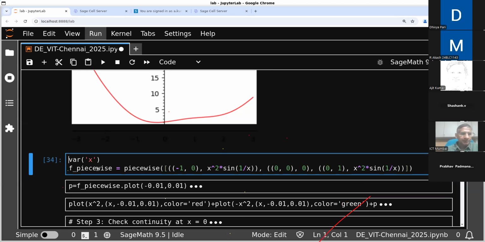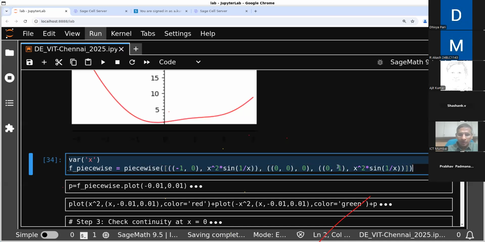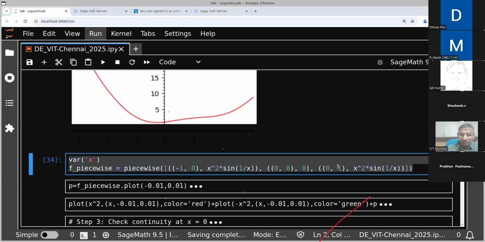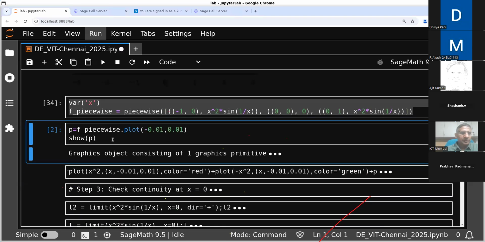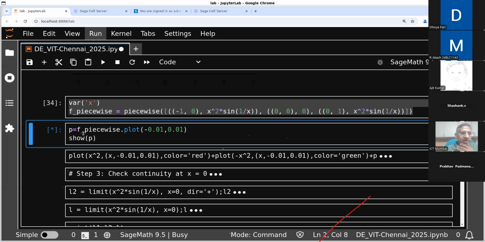So let us define this function. This is how we can define it. Here I am declaring x as a variable. Let me plot the graph of this function. I call this function f underscore piecewise.